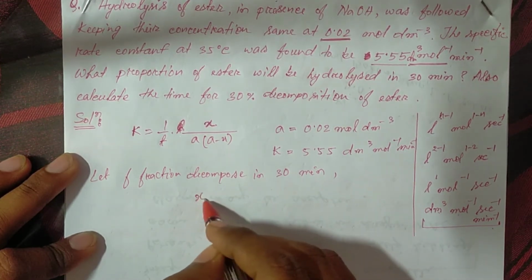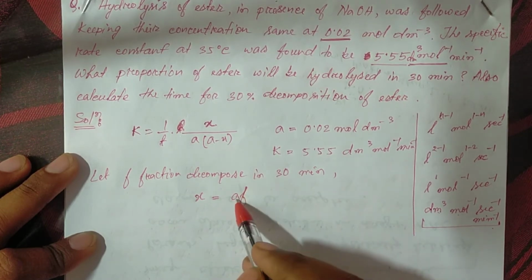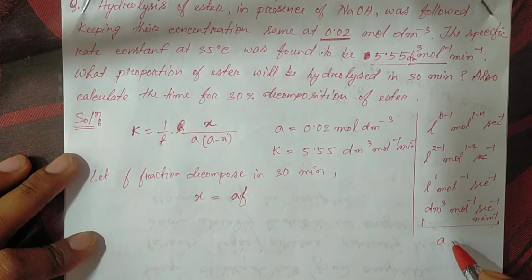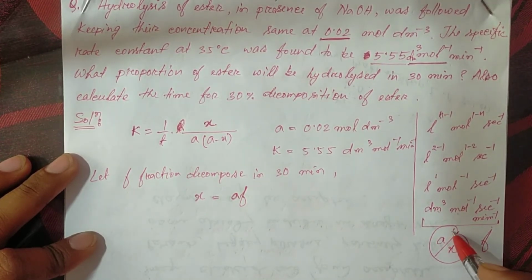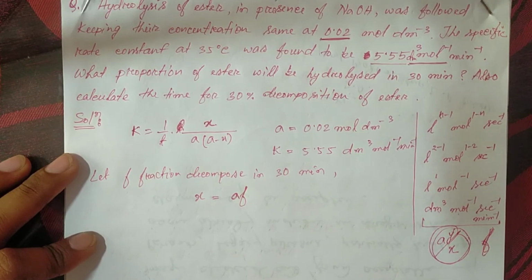Okay, so here X is equal to Af. That means there will be a fraction. So y by x, this fraction, is written as f.